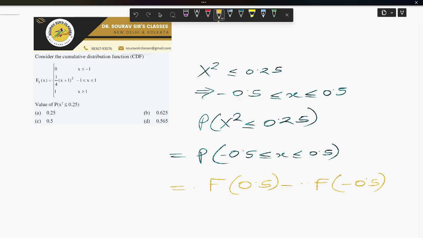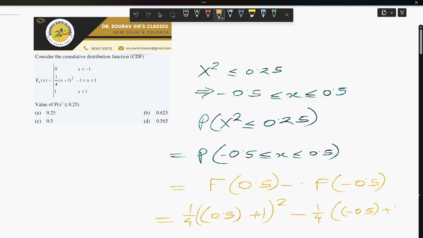As we know, 0.5 is lying between -1 and 1, and minus 0.5 also lies in this range. So that will be equal to 1 by 4 into (0.5 plus 1) whole square, minus 1 by 4 into (minus 0.5 plus 1) whole square.